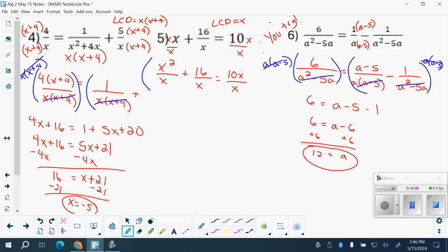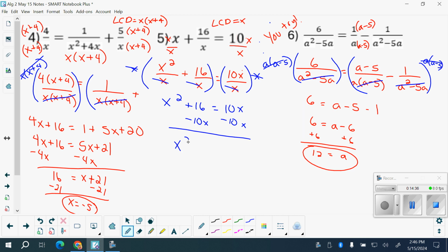Yeah. We're going to multiply by x. So we get x squared plus 16 equals 10x. And so then we're going to subtract 10x from both sides. How did I know I needed to subtract 10x from both sides? What told me that in that problem?